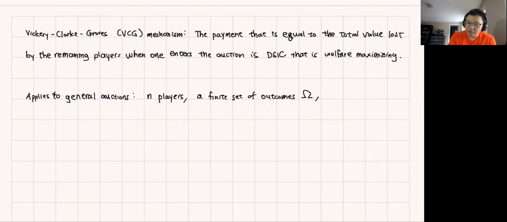This could be any number of items, any auction, and these are all the possible outcomes for the auction. And each player i has a private valuation for each of the outcomes.